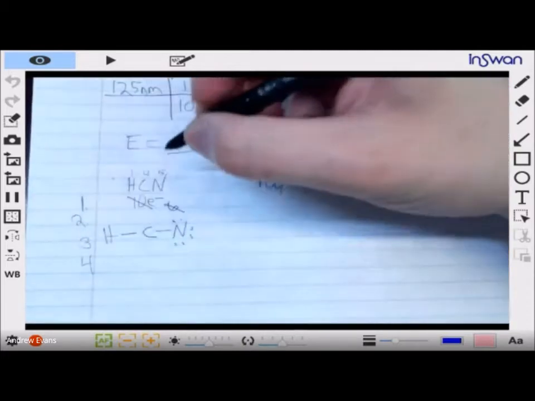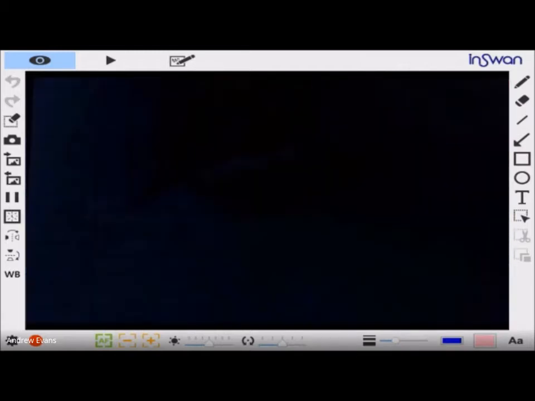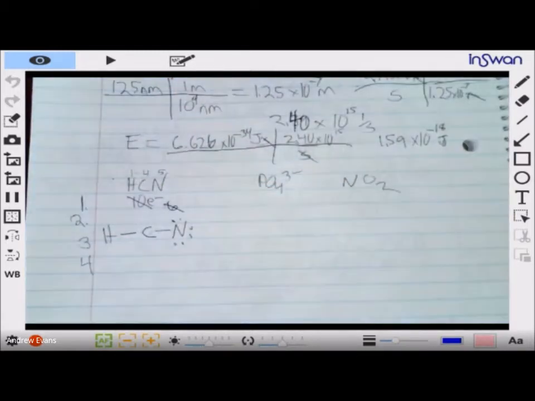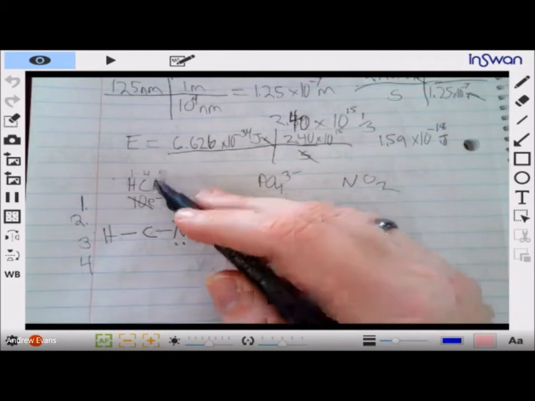Step 4 is we're going to make double bonds to try to give the center atom an octet, and to try to reduce the formal charge. Remember, a formal charge is when we have more electrons than we should. Nitrogen should have 5.